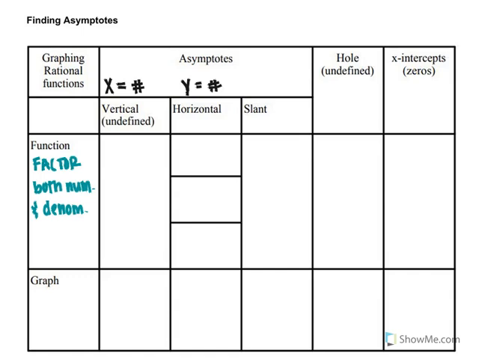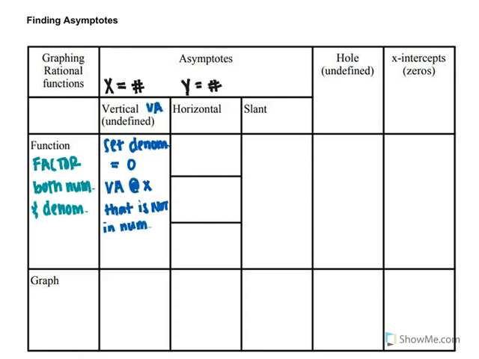So once you factor both the numerator and denominator, to find the vertical asymptotes, you want to set the denominator equal to 0. So when you set the denominator equal to 0, you will get the x values that make your denominator equal to 0. Your vertical asymptotes are at the x values that are in the denominator, but not the numerator.